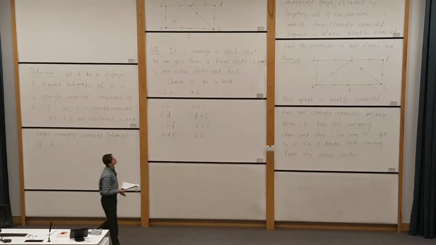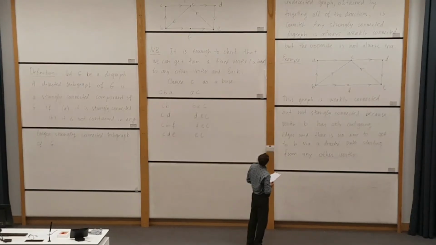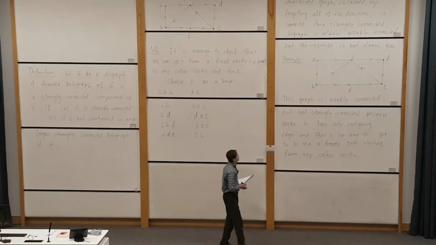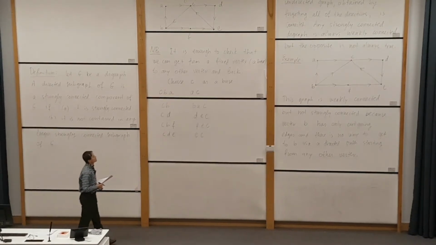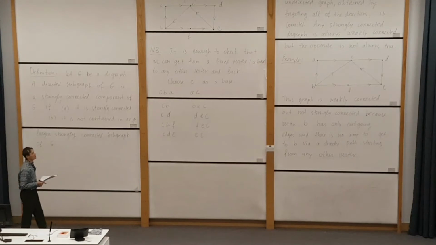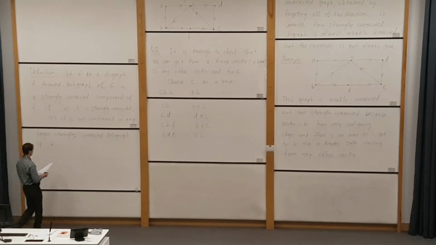So let's determine the strongly connected components in the previous example. If you have a sink or a source, like the vertex B, then that vertex by itself forms a strongly connected component. Nothing can be added to it.